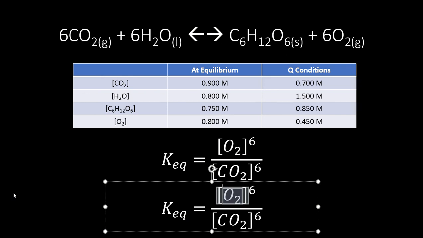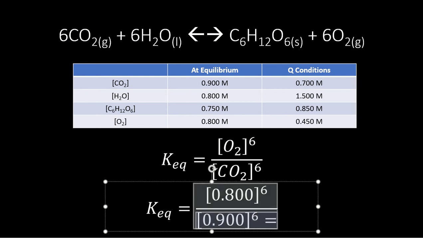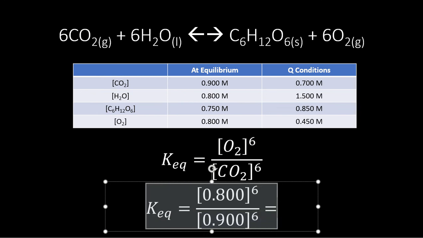Well, KEQ equals the concentration of molecular oxygen, which at equilibrium would be 0.800 molar divided by 1 molar, so 0.800. And the concentration of carbon dioxide at equilibrium is going to be 0.900. Therefore, all of these will give us KEQ equaling this.